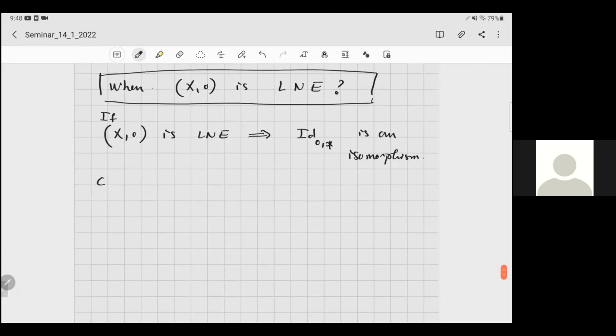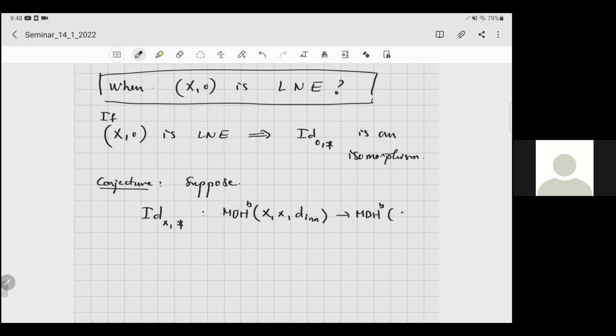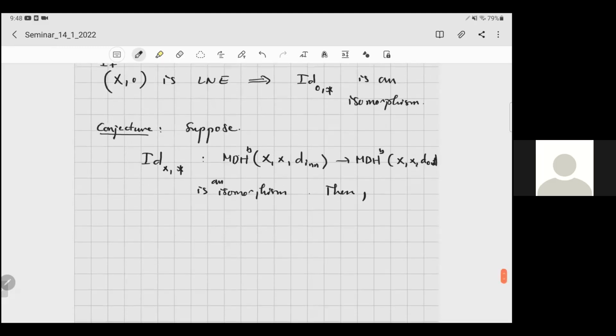So the conjecture written in the papers says, suppose we take the identity on x, from the MD homology of x with the inner metric to the MD homology of x with the outer metric, and it is an isomorphism. Then we get that the term x is LNE.